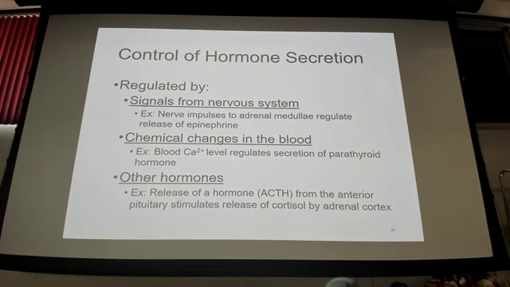And then other hormones, when we talk about different axes: most of our hypothalamic hormones are messages to the pituitary to make something, and then that something goes to something else to create an effect, right? So that is an axis, so hormone action on other hormones, okay?